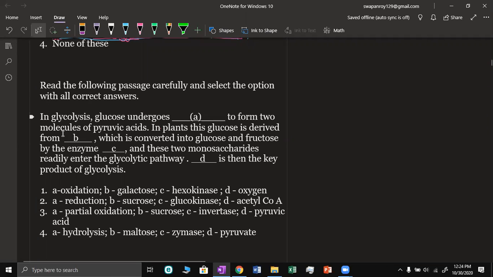The passage is: in glycolysis, glucose undergoes dash to form two molecules of pyruvic acid.